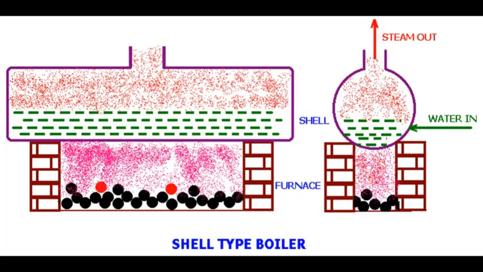Shell type boilers are actually first generation boilers, and they were discarded because of several disadvantages.